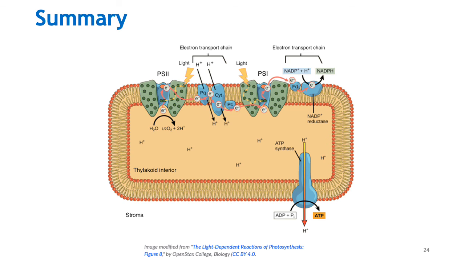So in summary, you have photosystem 2 right here. And over here, out on the outside, here's the stroma. Here's the lumen. And light hits it. You see this light right here. And then it gets past until it finally hits this P680. It loses an electron.